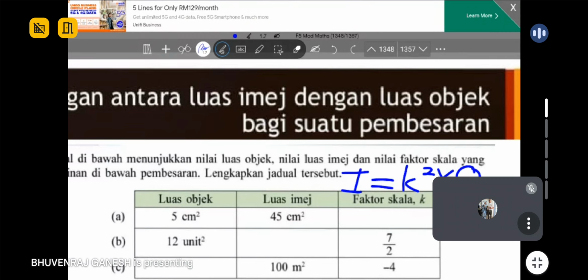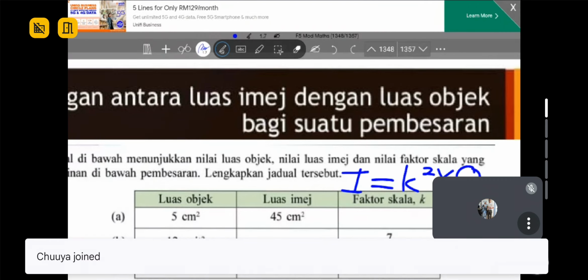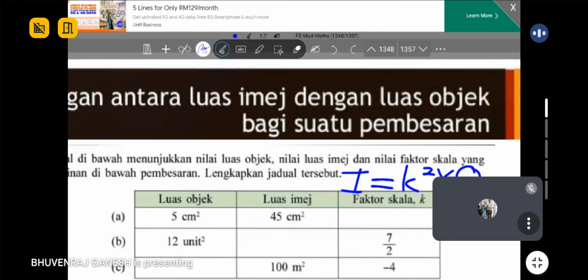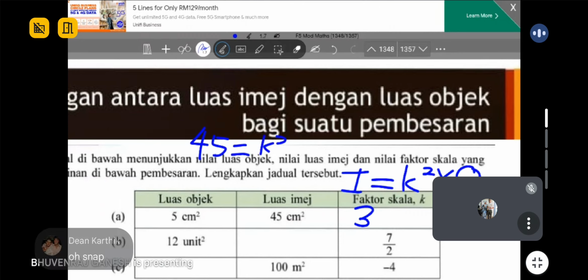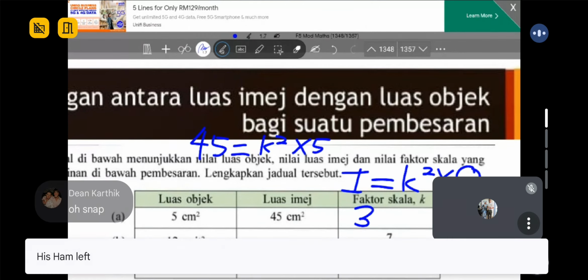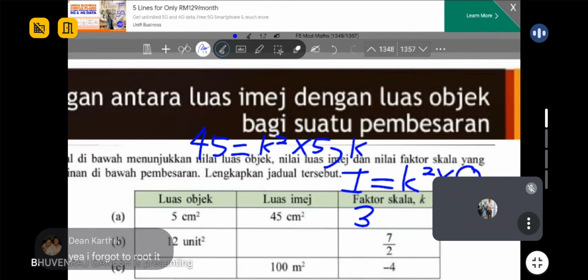So the rest, what will be your answer? 9 is wrong, guys. The answer is 3. Because image 45 equals k squared times object, so you will get k equal to 3. Guys, clear?